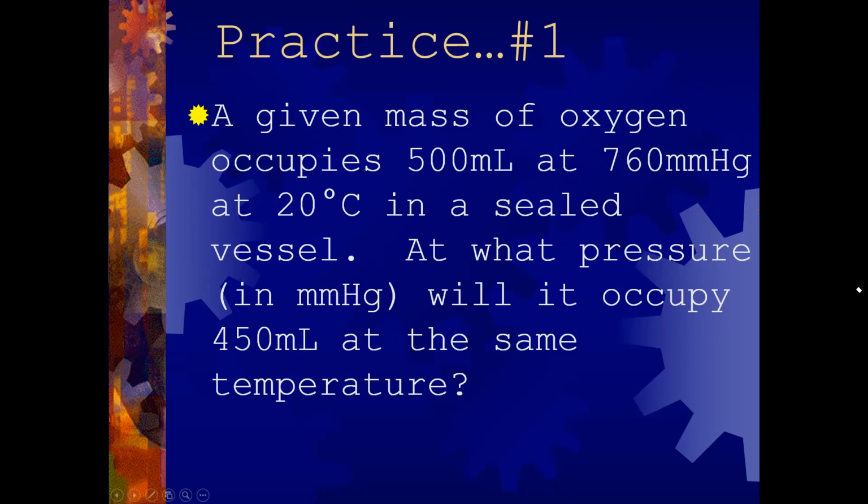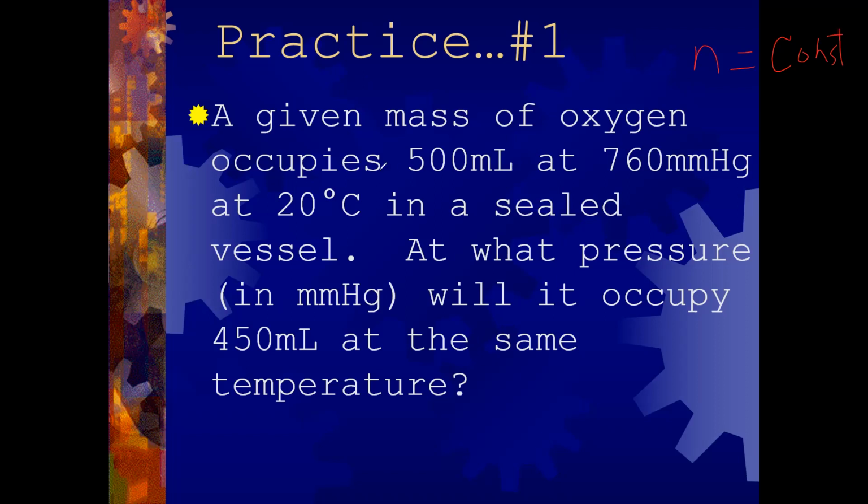And usually what I do is I write things down. So this is a given mass of oxygen. That means N is constant because you notice it's not mentioned again. N is a constant in all of them, so I'm just going to call it constant because it doesn't fit.